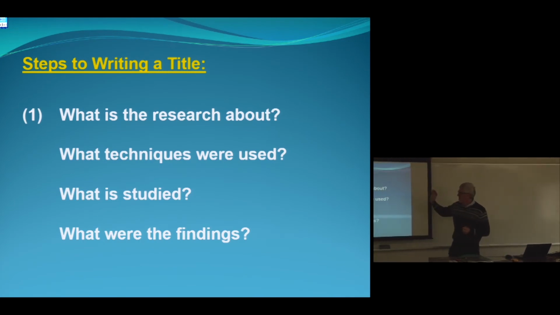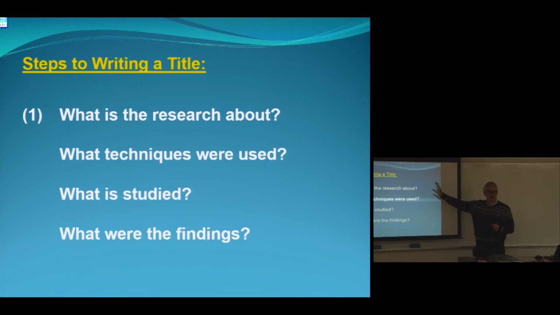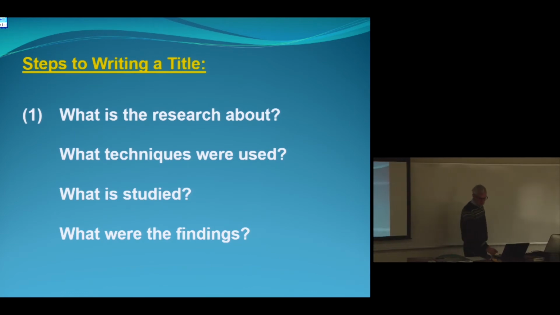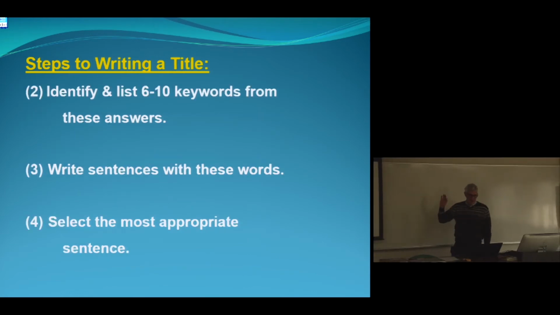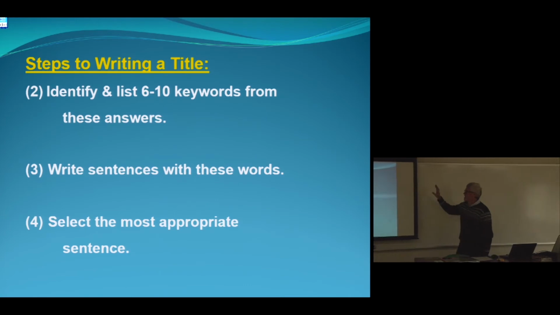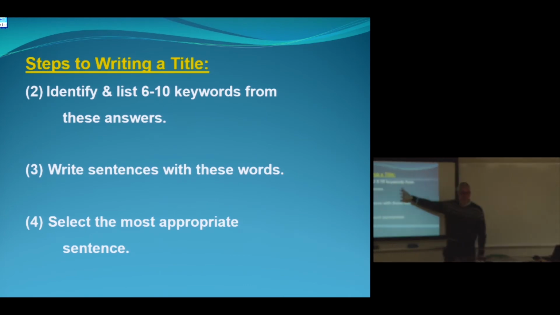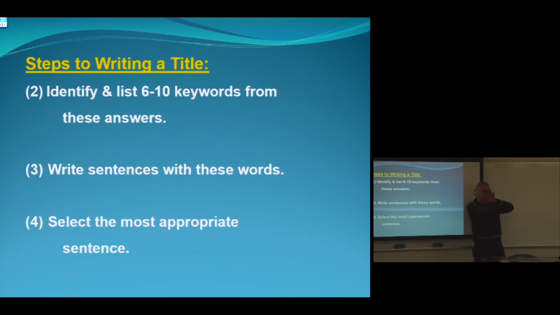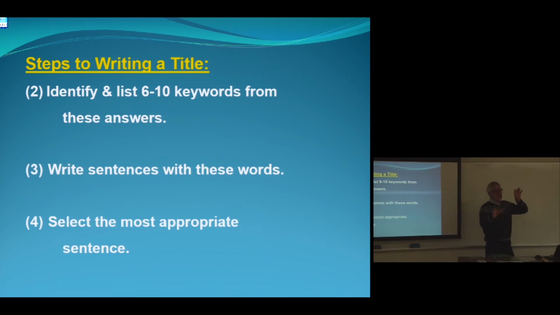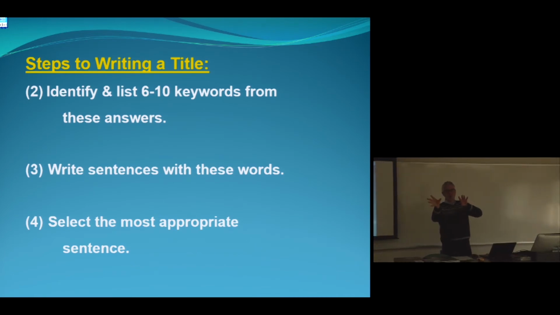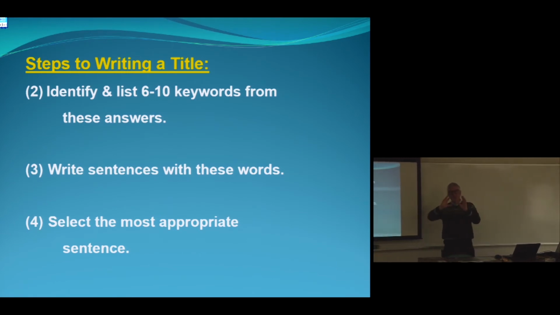And so you need to try and answer those questions and then identify or list 6 or 10 keywords from these answers. Then look at the keywords and try and look at, this is the highest priority, so this should come up the front of the sentence. This is maybe less priority at the back of the sentence.